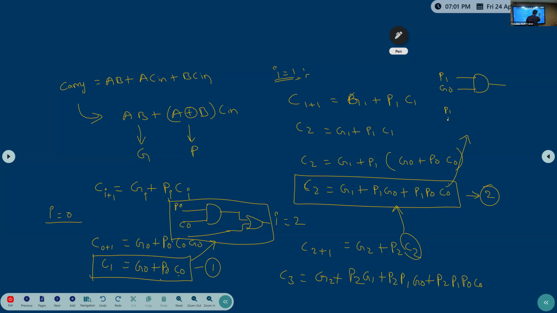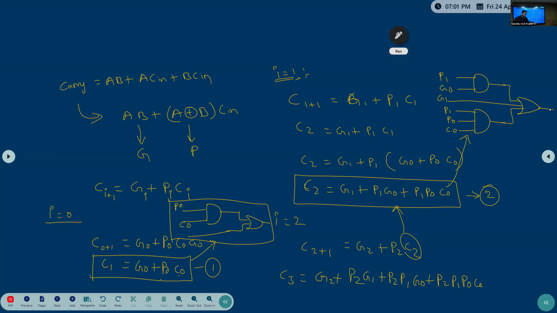P1 P0 C0, these 3 need to be ANDed. Then this result and G1 only need to be ORed. The equation needs to be written like this.